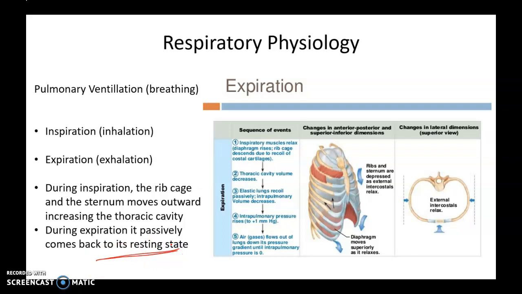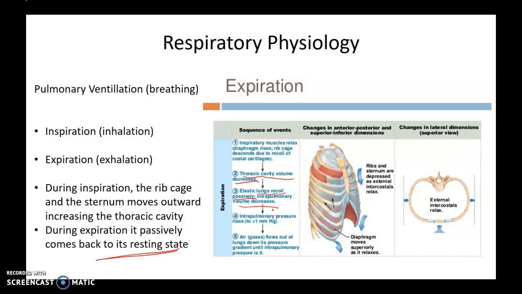During expiration, the inspiratory muscles, the diaphragm and the external intercostal muscles, relax, and the chest wall recoils back to its normal state. So the volume of the thoracic cavity comes back to normal, and the lungs also recoil passively, and the intrapulmonary volume decreases. So just the opposite.